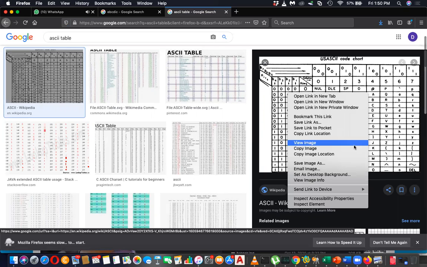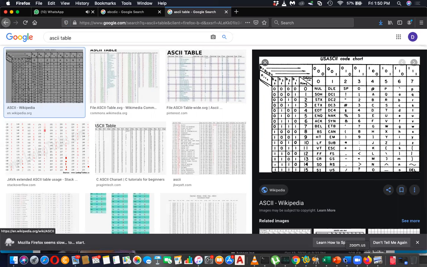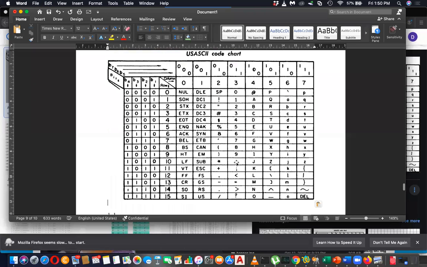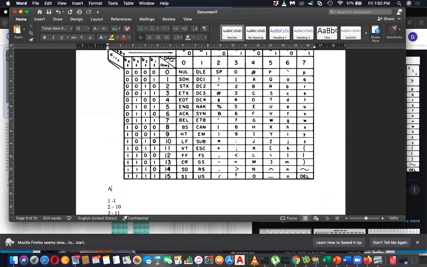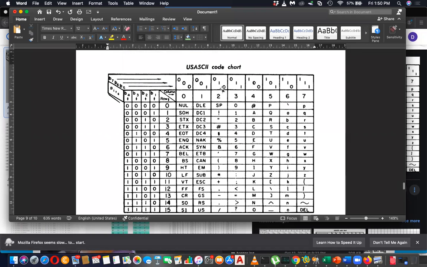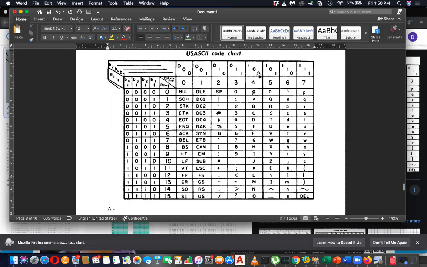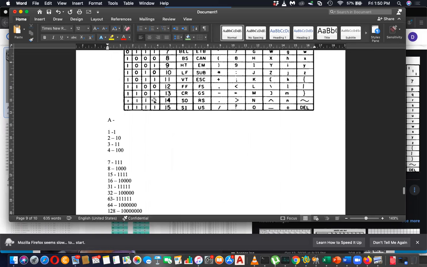How to calculate this? Tell me letter A. What is the value of letter A here using ASCII? Here you have letter A. You read from this side, 100, and from this side, 0001. So A is 1000001.